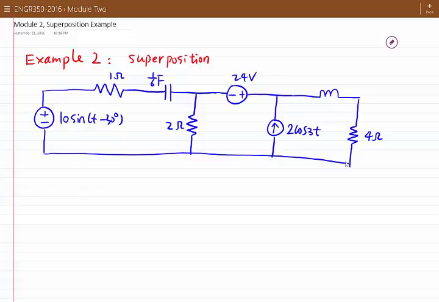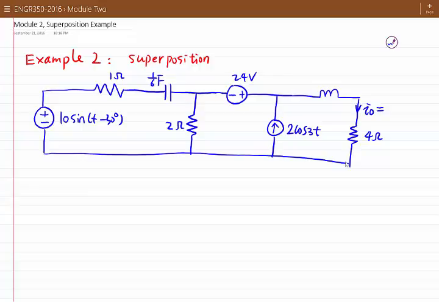So basically this example is the same example in the lecture notes, but in the course I didn't have time to cover it. So I want to cover it in the video. In this circuit, what we want to solve is I_O, the output current. Because we have 3 independent sources, we can use superposition.